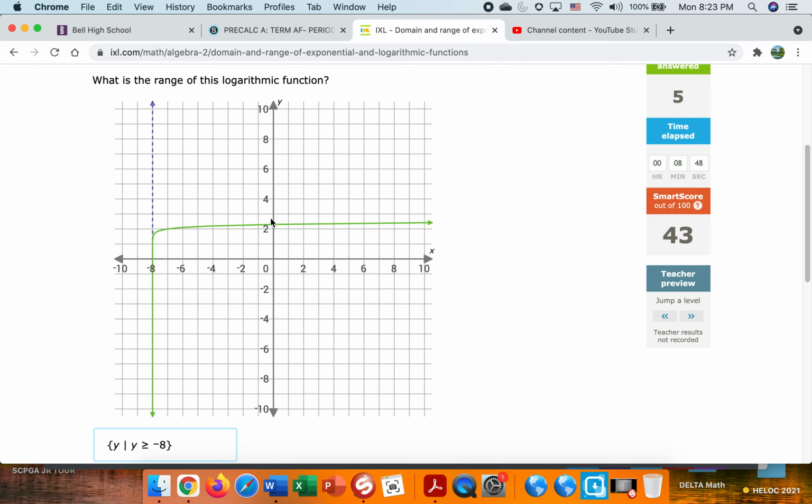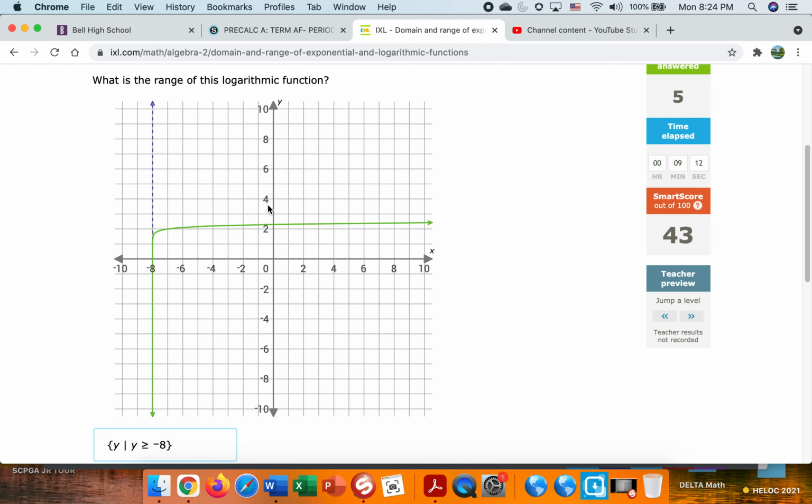Even though you can't see 3 here or 4 here or 5, this line is gradually climbing. It'll have a 3, it'll have a 4, it'll have a 5, a 6, a 7, 8, 9, 10, but way out there, way out in infinity. So for the range, yeah, it will have a value.